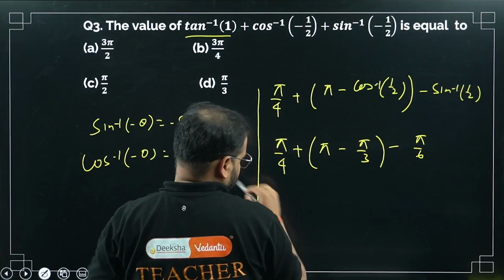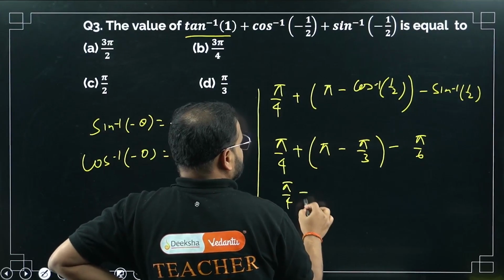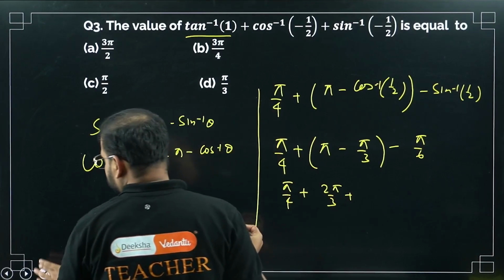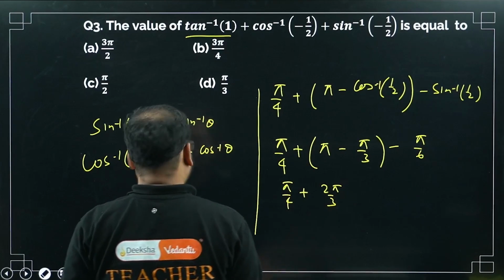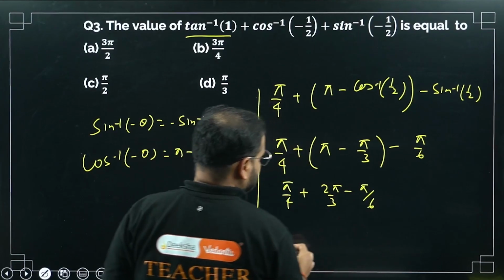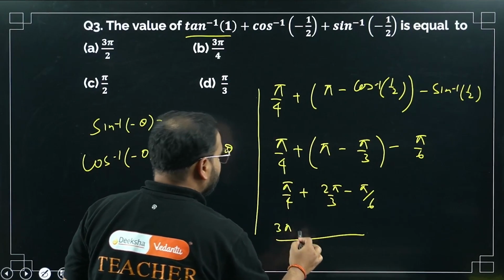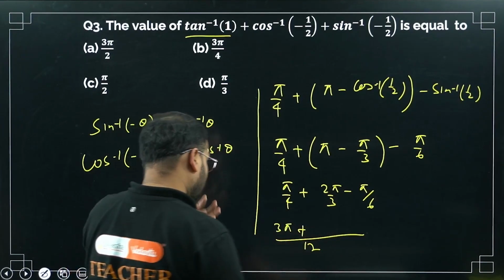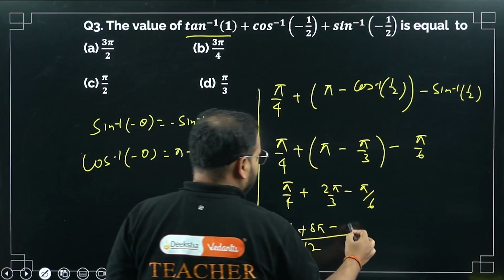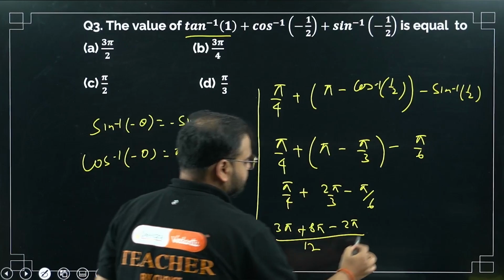Please check. Pi by 4 plus 2 pi by 3 minus pi by 6. What's the LCM? 12. So 4 3s are 12, so 3 pi, plus 3 4s are 12, so 8 pi, and 6 2s are 12, so minus 2 pi. 3 plus 8 is 11, 11 minus 2 is 9.